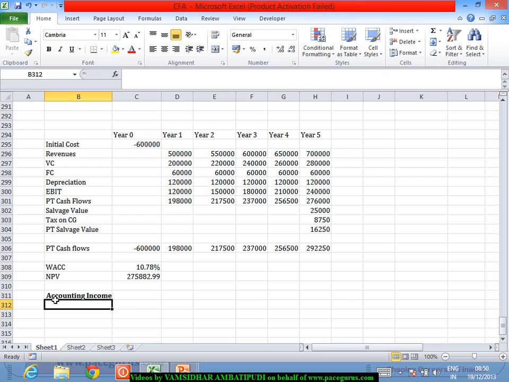Up to EBIT, the calculations will remain the same, and on top of that, the interest has to be subtracted. What is the interest here?